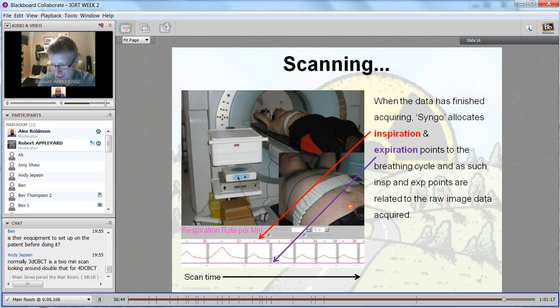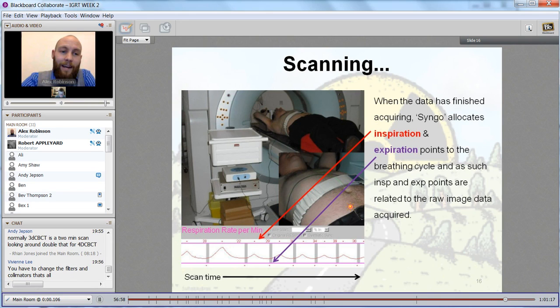Yeah, it's always a good point about the dose. Clearly it's relatively insignificant compared to the therapeutic dose we're delivering. Lung cancer patients and their survival rates, we're not really going to be concerned too much.